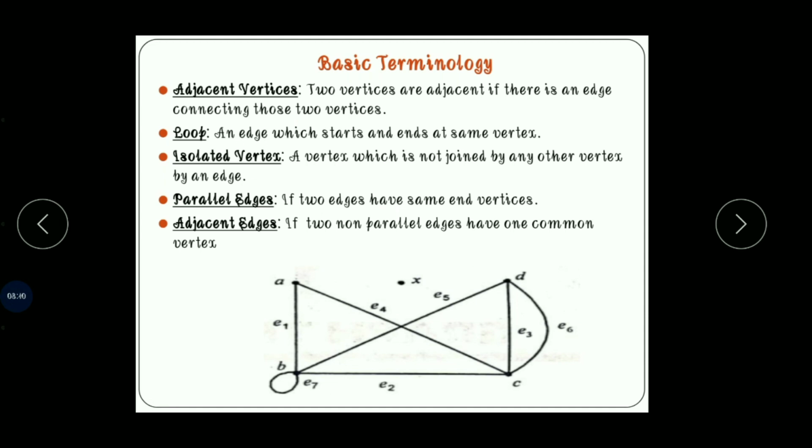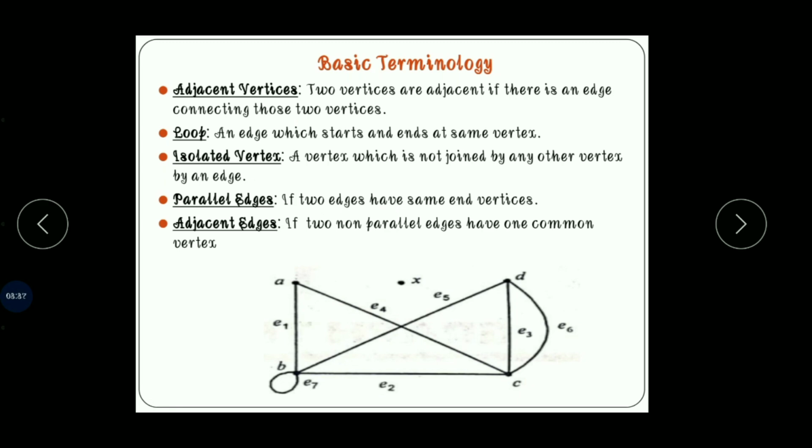So let's see some basic terms which are used in graph theory. The first one is edges and vertices. Two vertices are adjacent if there is an edge connecting those two vertices. If I see here, between A and B I have an edge E1, between A and C I have an edge E4.